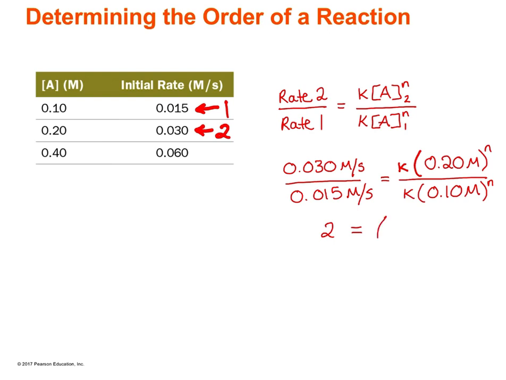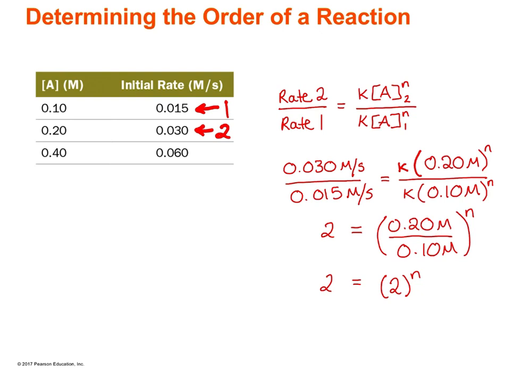Then we have 0.20 moles per liter over 0.10 moles per liter, and we're just simplifying this, so everything's raised to the power of n. So 2 is equal to 2 raised to the power of n.